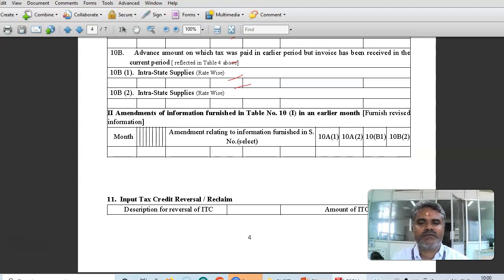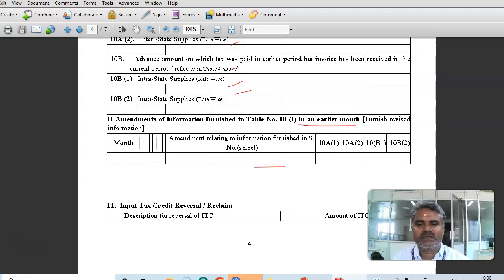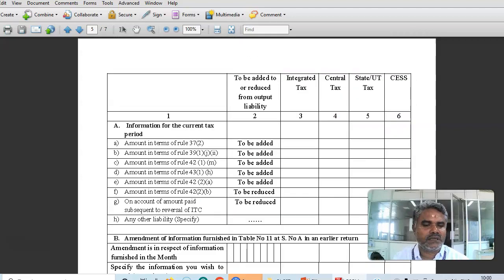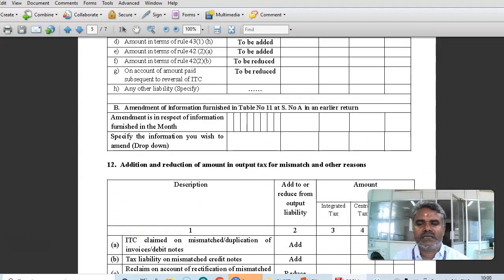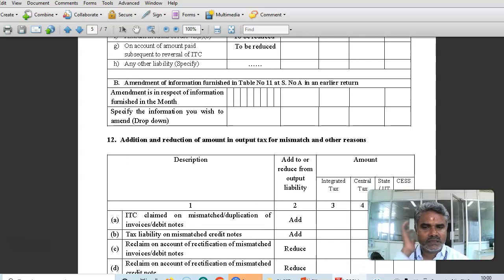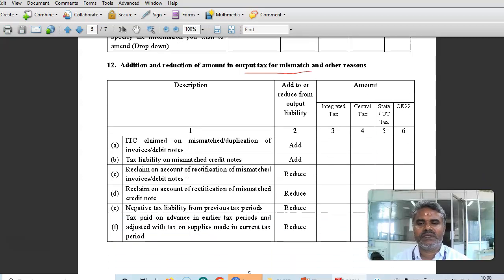Amendment of information furnished in table 10. Then input tax credit reversal and reclaim, everything you have to give here. Then addition and reduction of amount in output tax for mismatch and other reasons. Anything you have, give the detail.